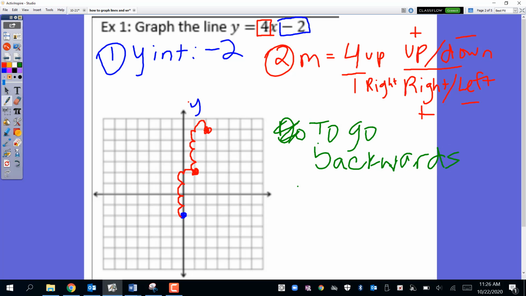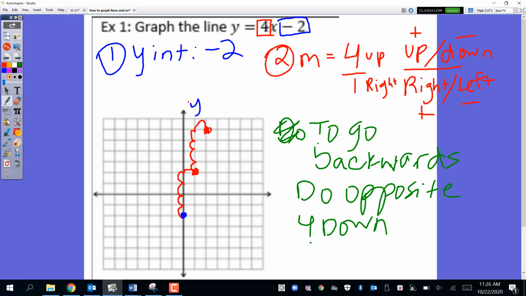You have to do the opposite of what your slope just told me. So my slope said 4 up, so to do the opposite, you're going to go 4 down, and instead of 1 to the right, you would go 1 to the left. So I would go the opposite way starting here. So down 1, 2, 3, 4, and to the left 1, and you would put another dot.